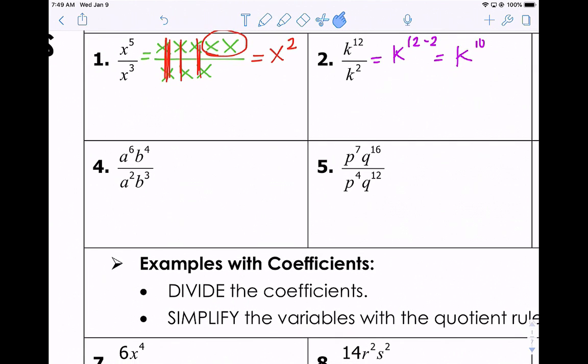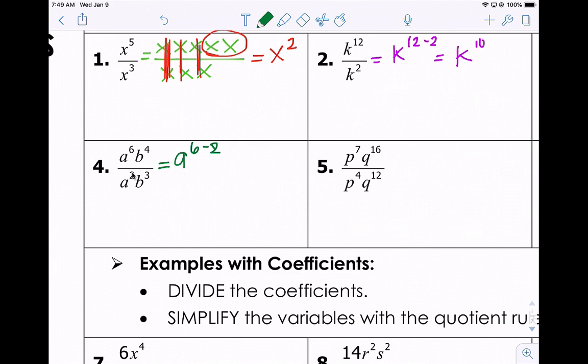On the next set of examples, now we have 2 variables. Just like yesterday when we were multiplying, we put A's with A's, B's with B's. So I'm not just subtracting all of these. I'm subtracting these A's from these A's, and these B's from these B's. Mathematically, this is a to the 6 minus 2, because I have 6 here in the numerator and 2 in the denominator.